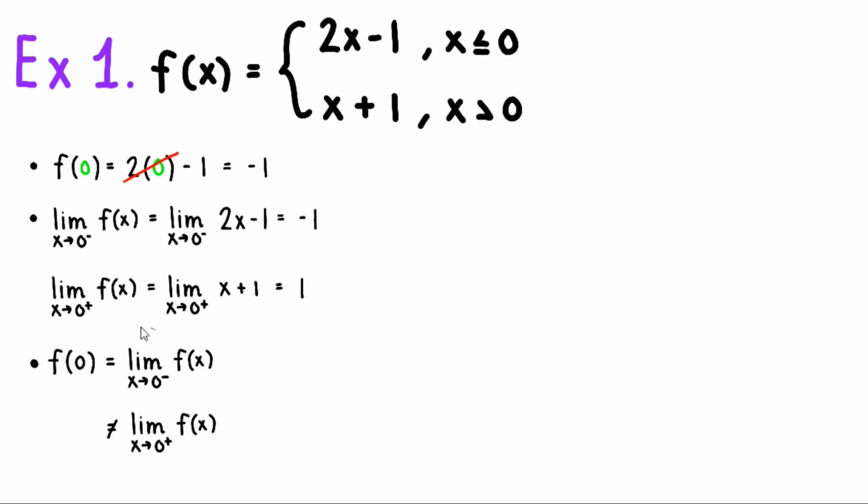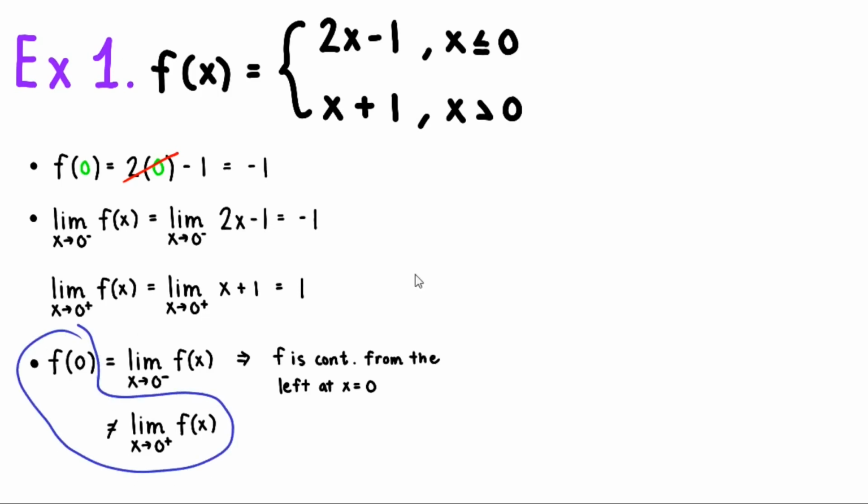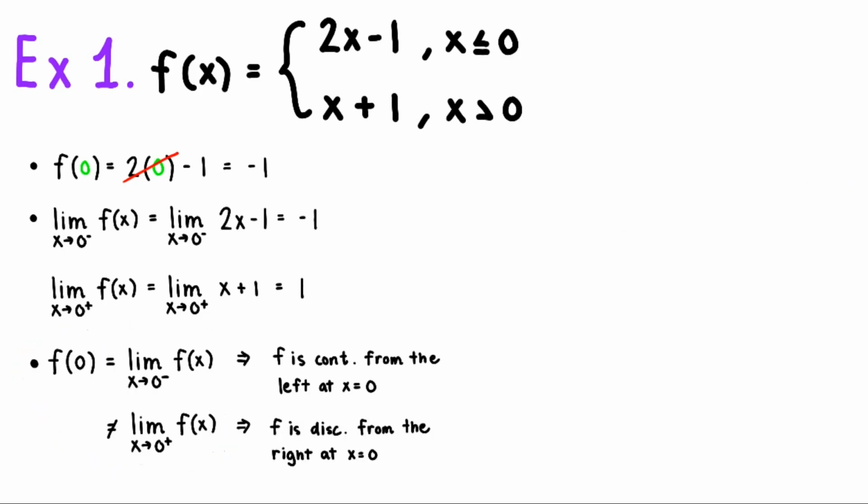Given this one, we know that f is continuous from the left at x equals 0, while here we know that f is discontinuous from the right at x equals 0, since it is not equal, while this one is equal. So this is the one-sided continuity for f at x equals 0.